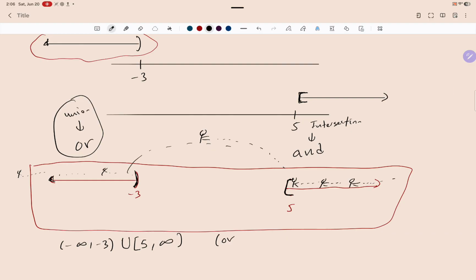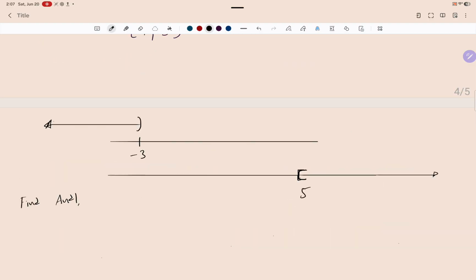Now for the case of finding just the and, in other words, the intersection of these two inequalities. Remember, for the and, because we don't copy and paste them together, it's the region of overlap.